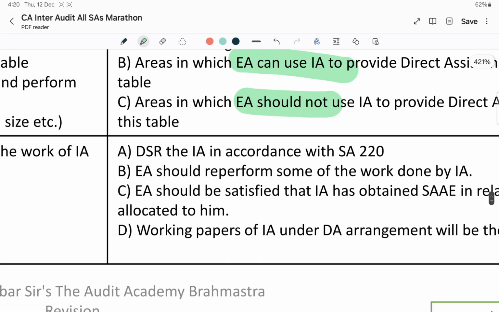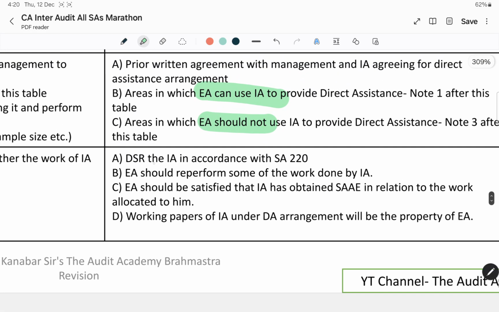And the last is direction, supervision, and review of the internal audit in accordance with SA 220.